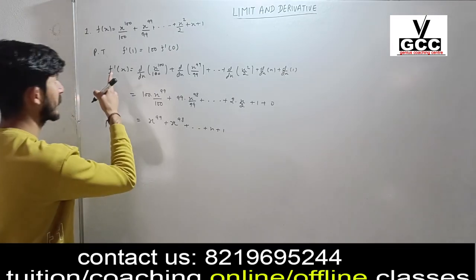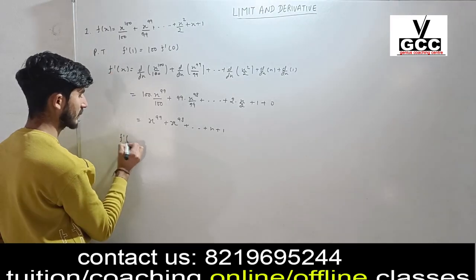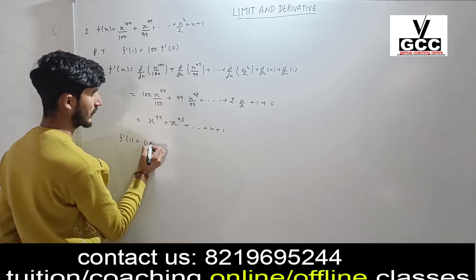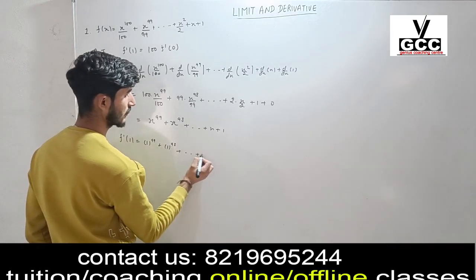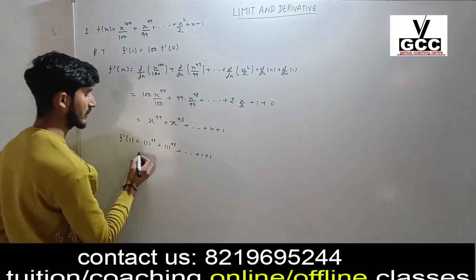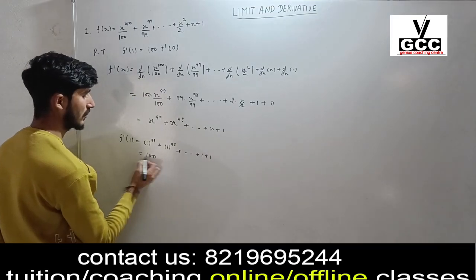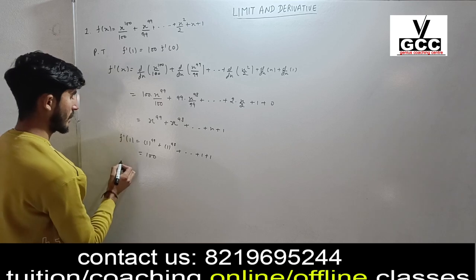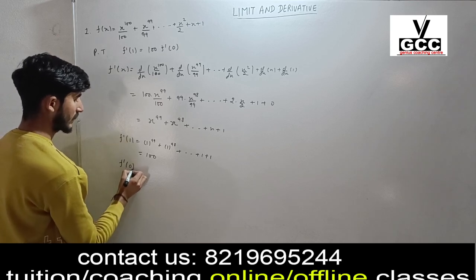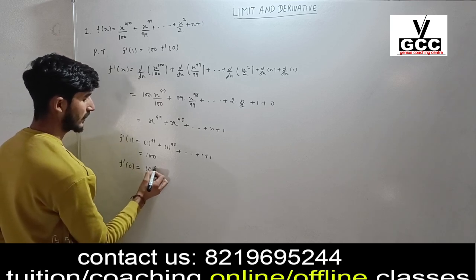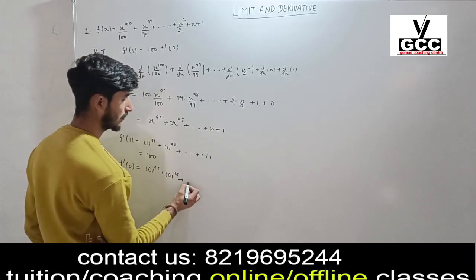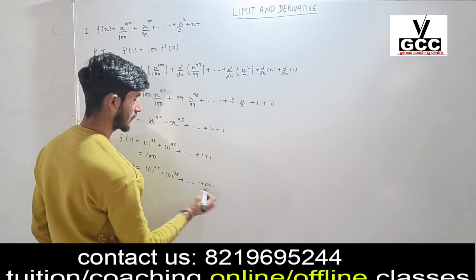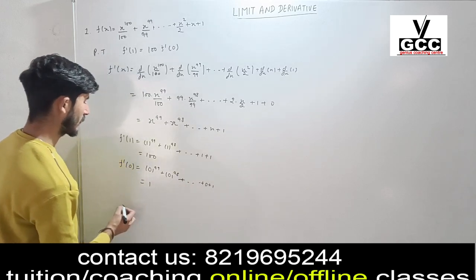Now we have to find f dash 1. F dash 1 is equal to 1 plus 1 plus so on plus 1 plus 1. How many terms? 100 terms, that is equal to 100. Now we put x equal to 0: 0 power 99 plus 0 power 98 so on plus 0 plus 1, that is equal to 1.